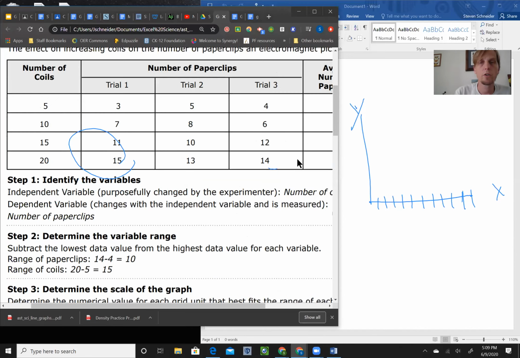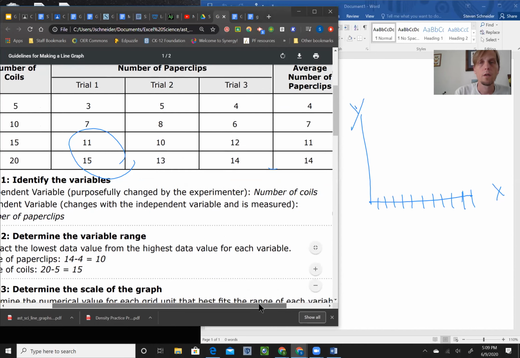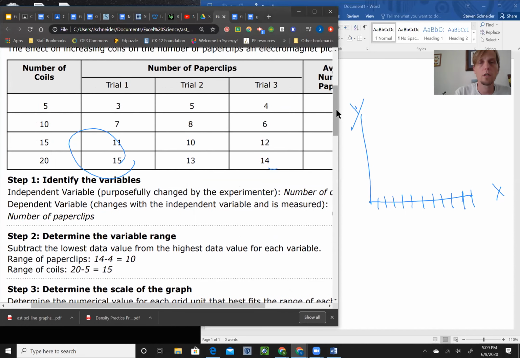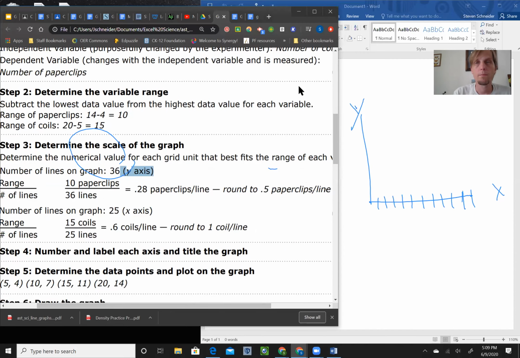So again, your highest number was 14. And that's going to be in increments of what? Right here, 0.5. And that's going to be your y-axis. Right here, y-axis.